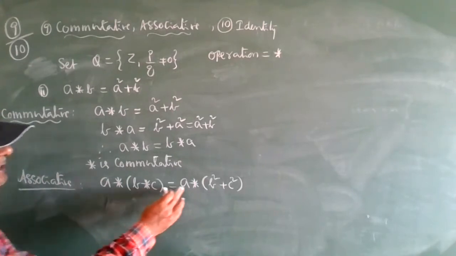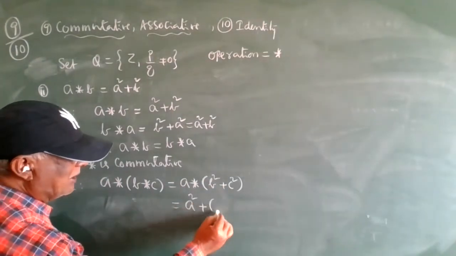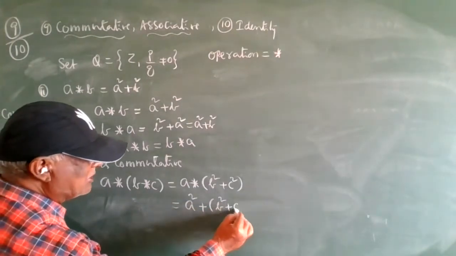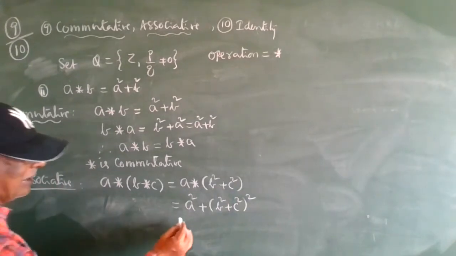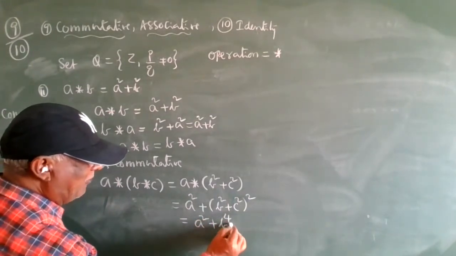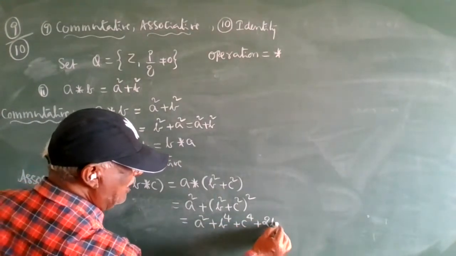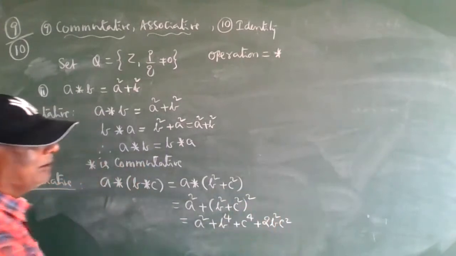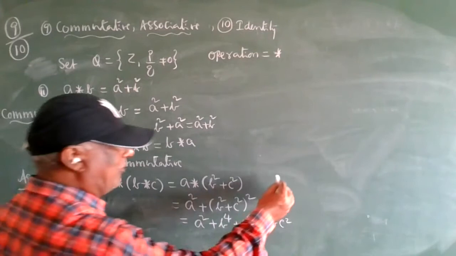First element, second element: A square plus B square plus C square, whole square. This is A power of 4 plus B power of 4 plus C power of 4 plus 2B square C square plus 2B square C square.